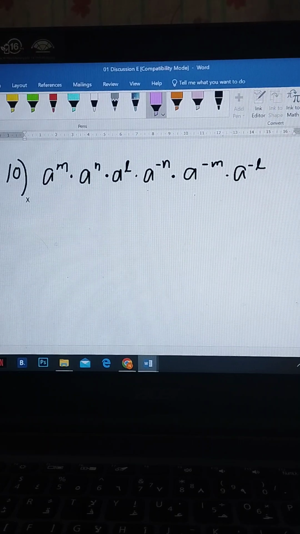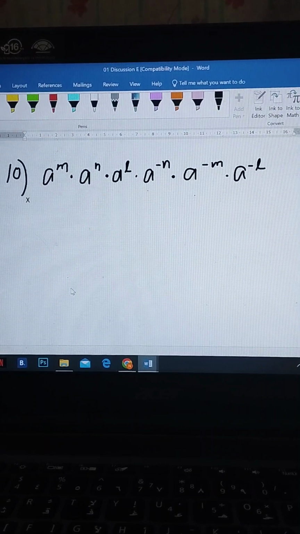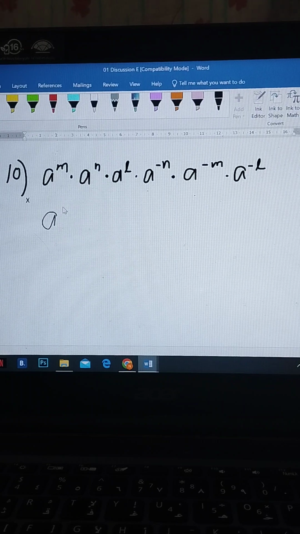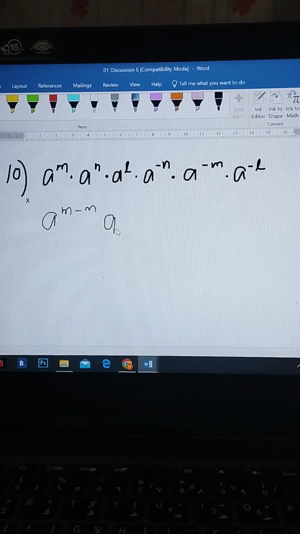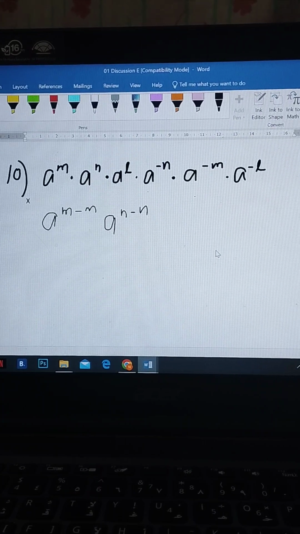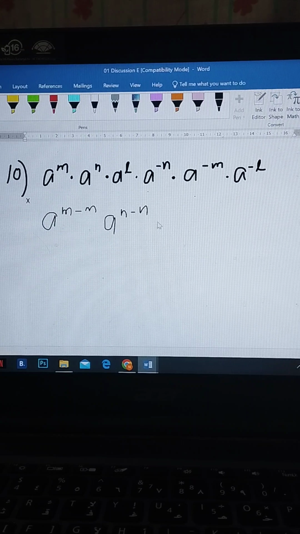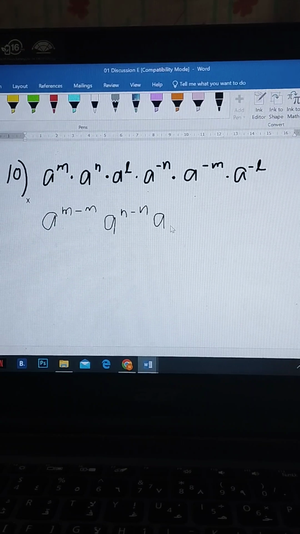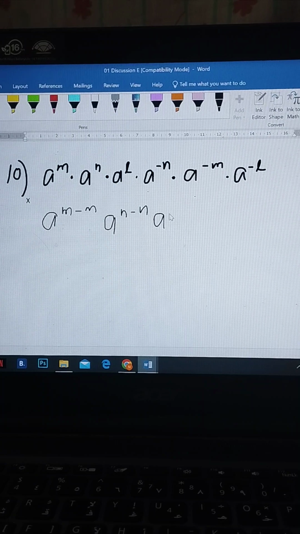Okay, next number 10. A raised to m minus m, a raised to n minus n, or just simply add m plus negative m, n plus negative n, then a raised to l plus negative m, or l minus l.